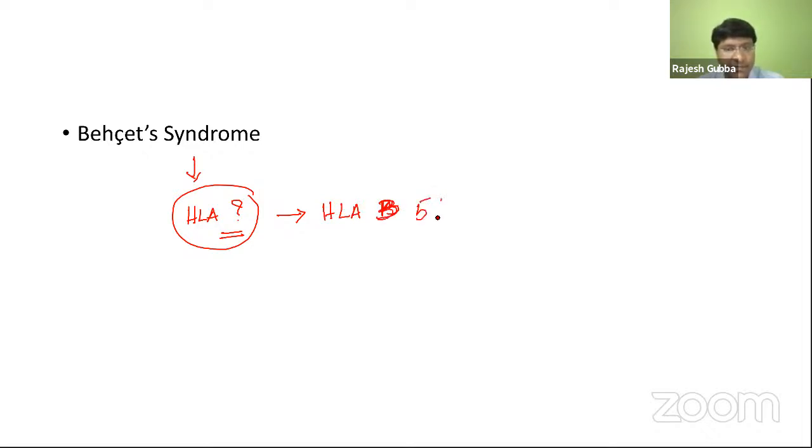It is not HLA B27. Shabnam Khan, you are answering all the questions correctly, but why are you saying it is HLA B27 for Behçet? It is completely incorrect. HLA B27, as I just said, is seen in psoriatic arthritis, ankylosing spondylitis, inflammatory bowel disease, and reactive arthritis. But in Behçet syndrome you have HLA B51 as well as HLA B5. Right, HLA B5.